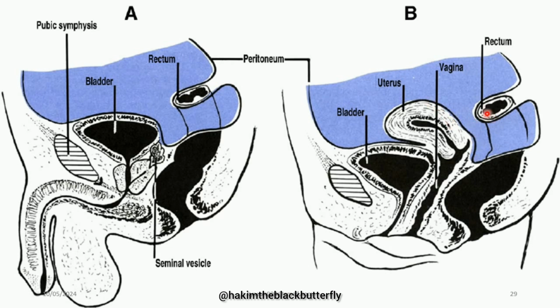So you can call it the recto-uterine space or recto-uterine pouch. Though in some literature it can be called the posterior cul-de-sac or the pouch of Douglas.